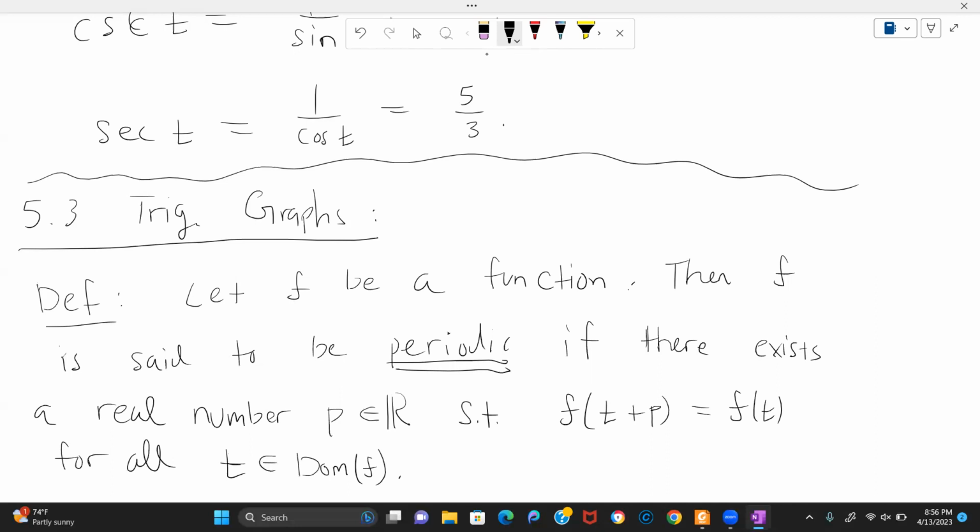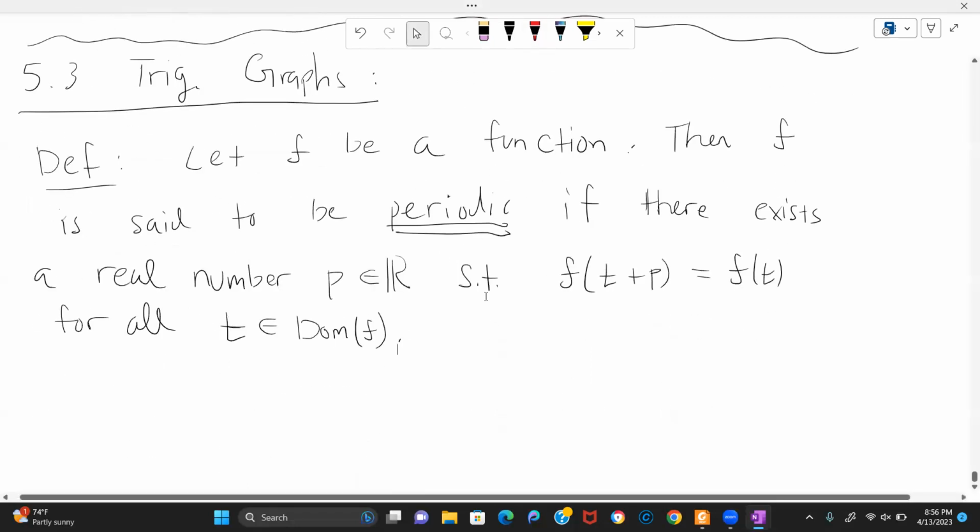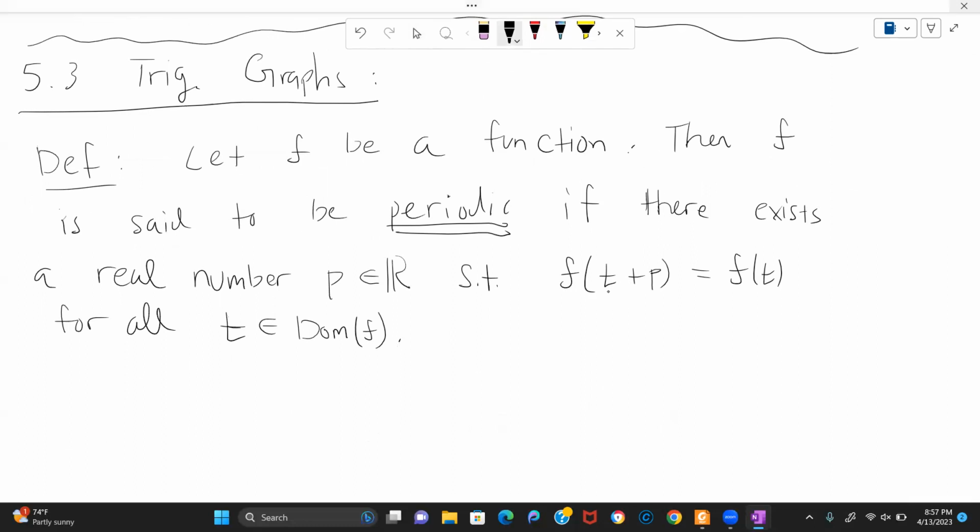I didn't want to specify the domain, so it's just the domain of f. Actually, wait, back up. The period is not just any number. It's going to be some positive real number.